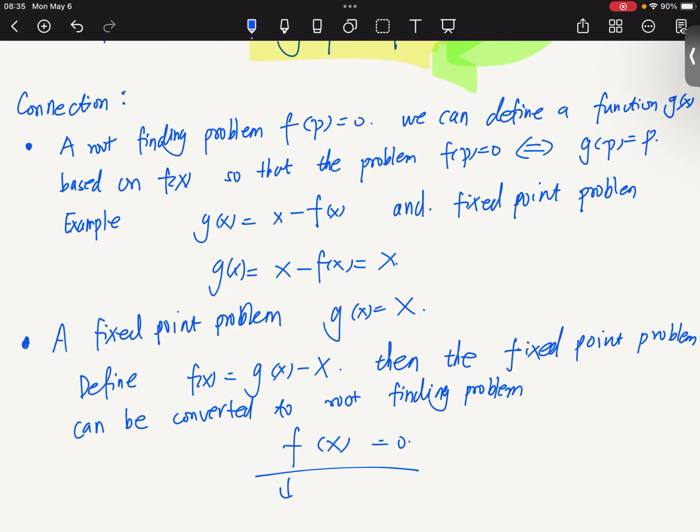If you take a look, f(x) equals 0 is just g(x) minus x equals 0, and that becomes back to the fixed point problem. So they are equivalent, and this makes sense. You can switch between the root finding problem and the fixed point problem.